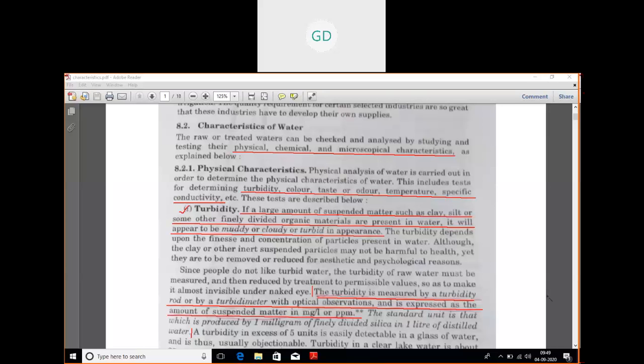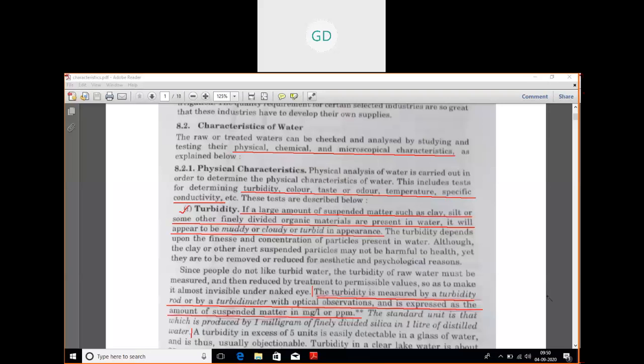The turbidity can be measured by a turbidity rod, and the turbidity rod is used in your practical fields, and the turbidimeter is used in your practical lab. In your lab, when experiments are done, you use a turbidimeter, and in your practical fields a turbidity rod is used.